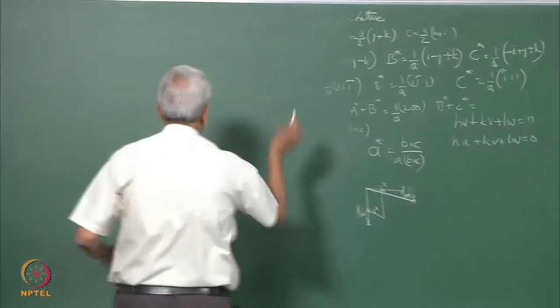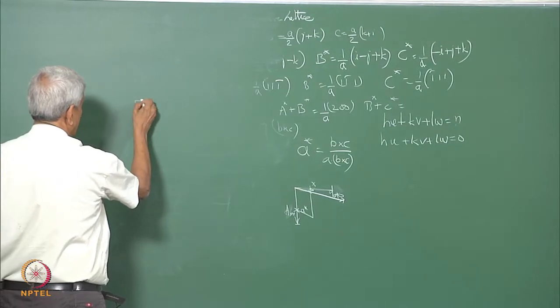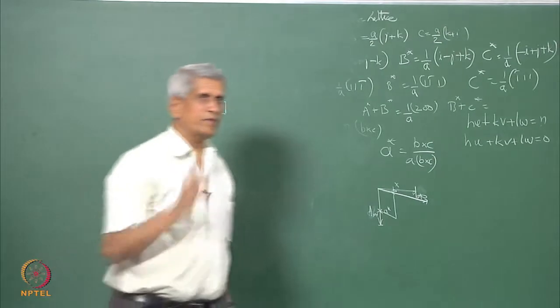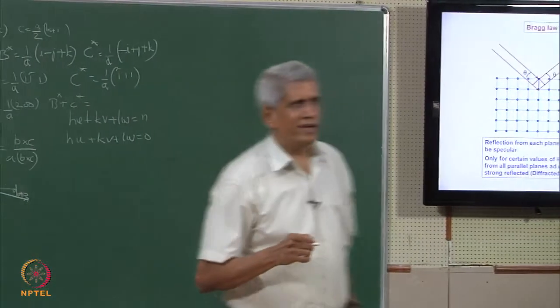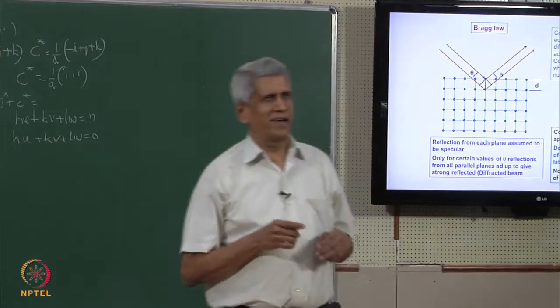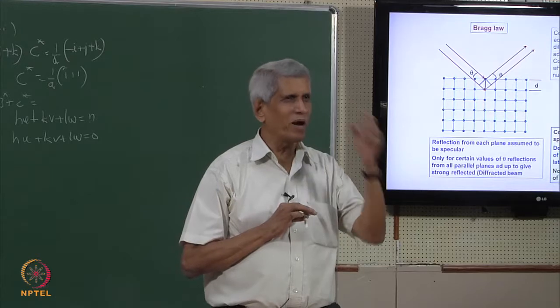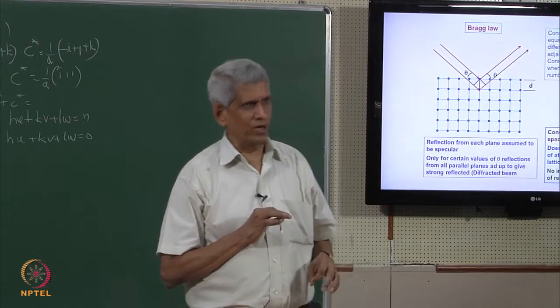Suppose we assume that a sample is kept here. And another thing which is very important is that diffraction is essentially like a group activity, or scattering from more than one point is necessary for this interference phenomenon to occur, correct?